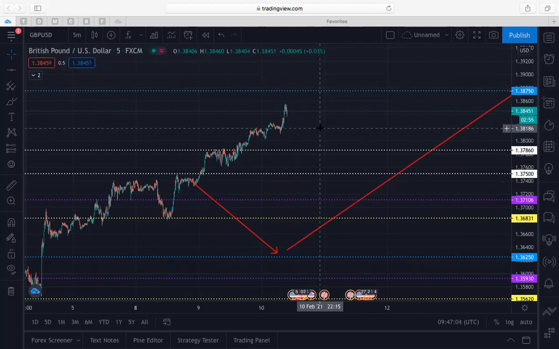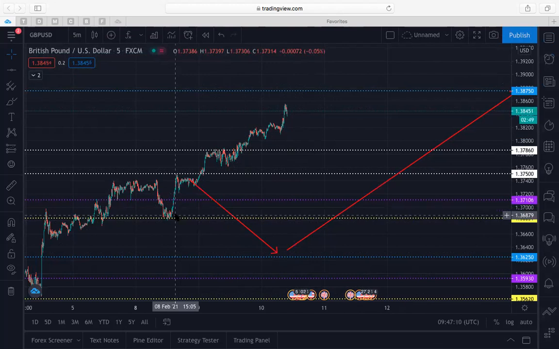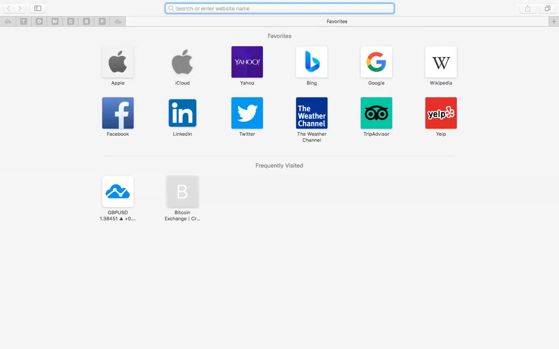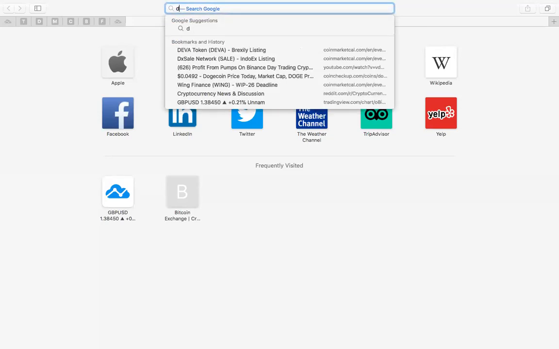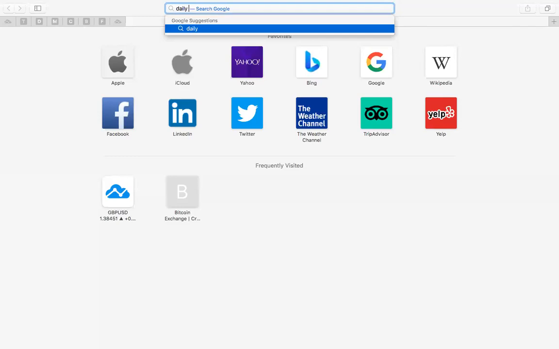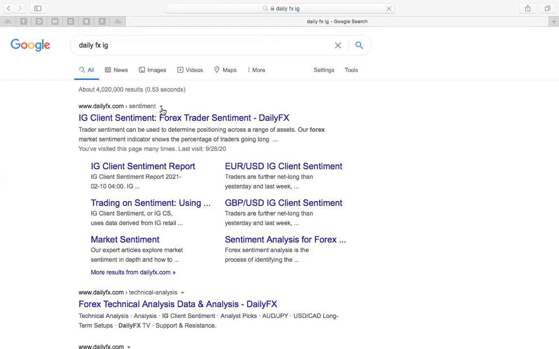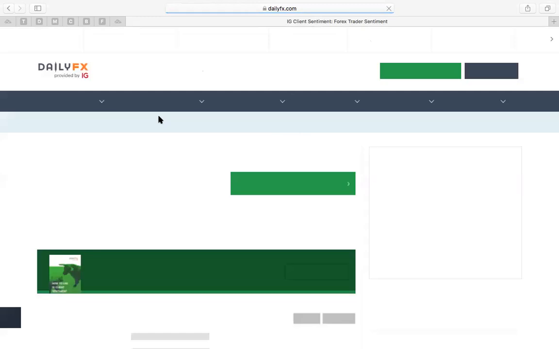The reason why I was expecting this to come down here before moving was because it was a Monday, and my sentiment is a buy. If we go back to the market sentiment on IG, I noticed on Friday we had more sellers than buyers, like 65% sellers and 35% buyers.